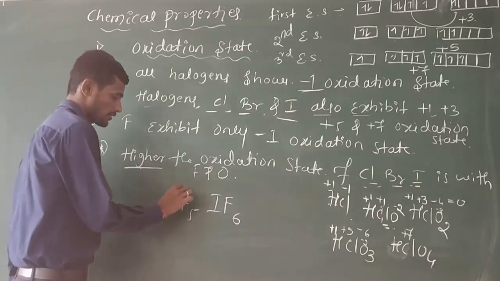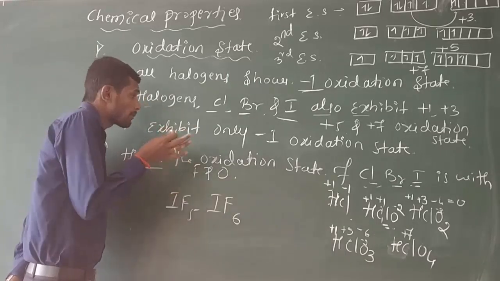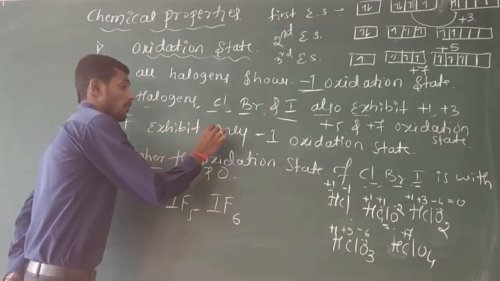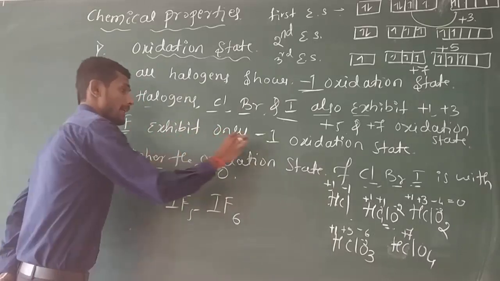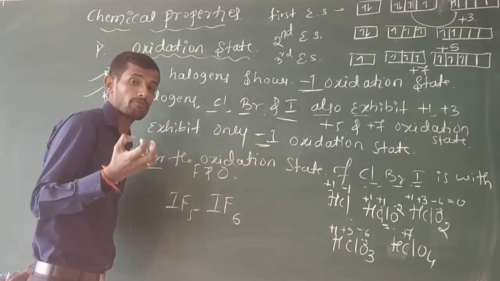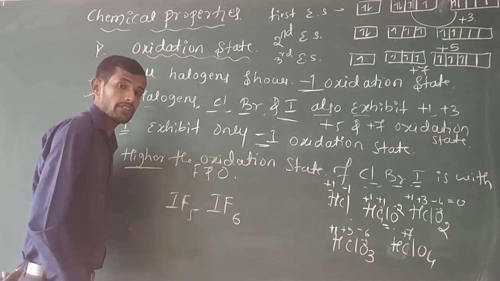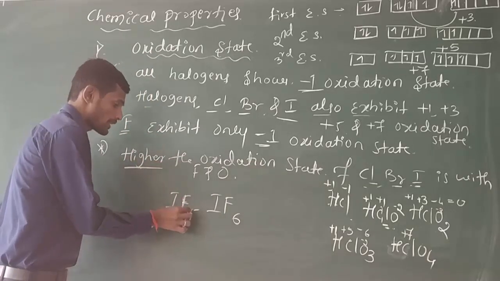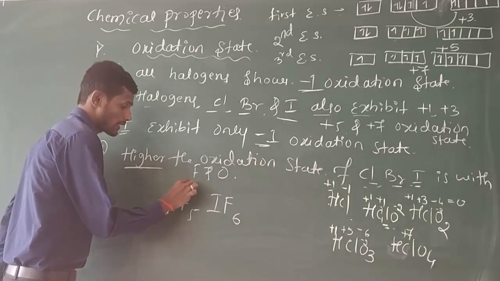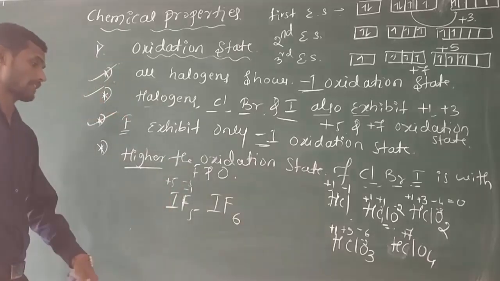This example shows that concept. Students, one point is there about fluorine. Fluorine exhibits -1 oxidation state. Why? Because of more electronegativity and absence of d orbitals. Students, see 5 into -1, that is -5. Therefore, iodine oxidation state is +5.